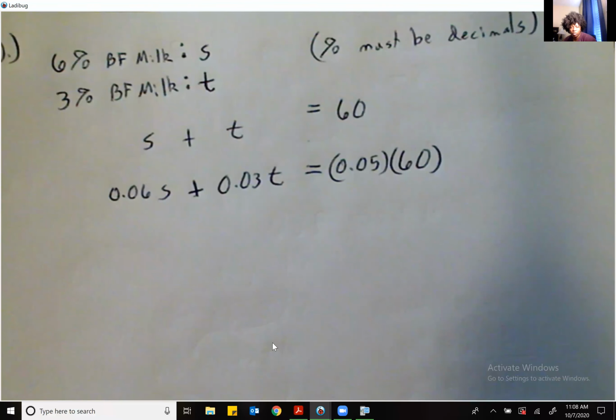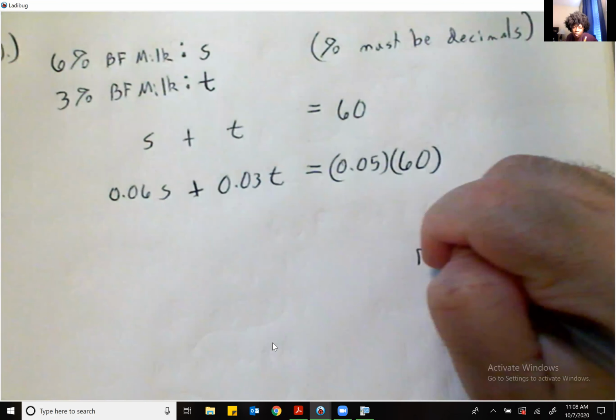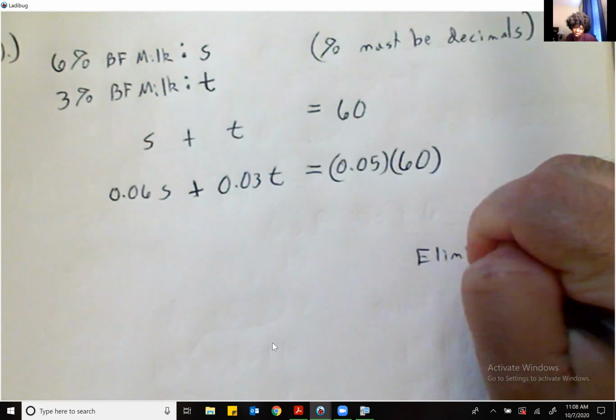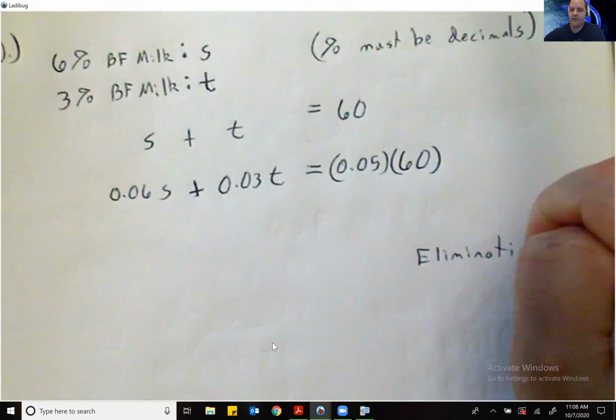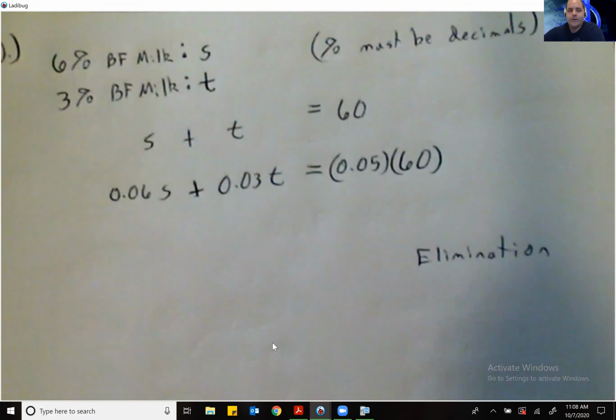Substitution. Substitution will work, but I don't want to use substitution. Elimination. Elimination, not evaluation, but elimination. All right, so let's see here. Who do you want to eliminate?